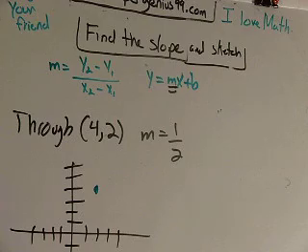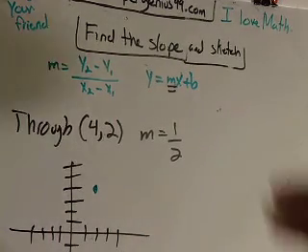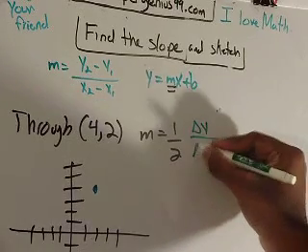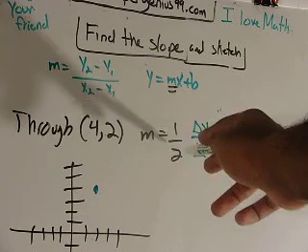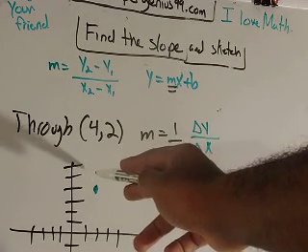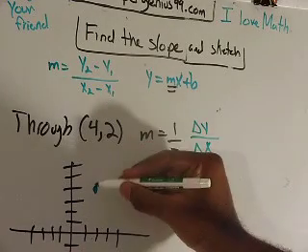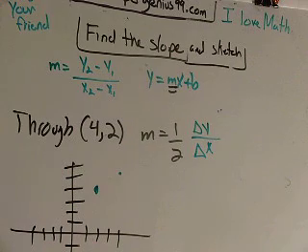And then to find another point, I'm going to use this rise over run. This is my change in y. The bottom one is my change in x. So 1 over 2 means what? Go up 1 and then to the right 2. And if you want to, you can repeat that process.